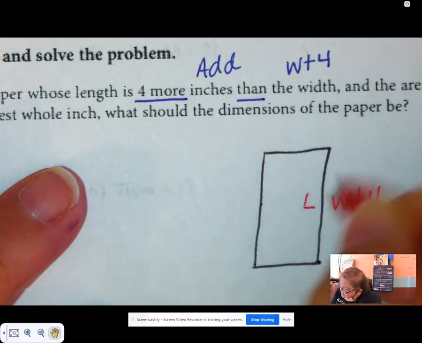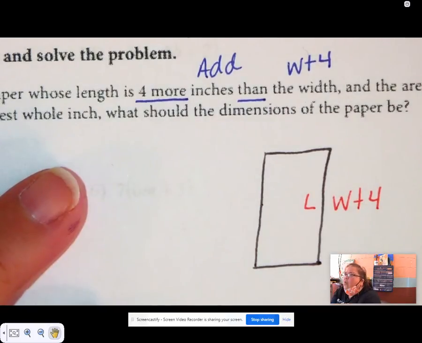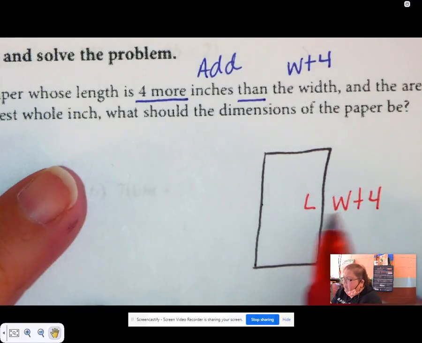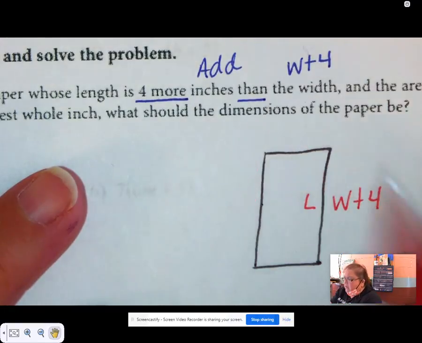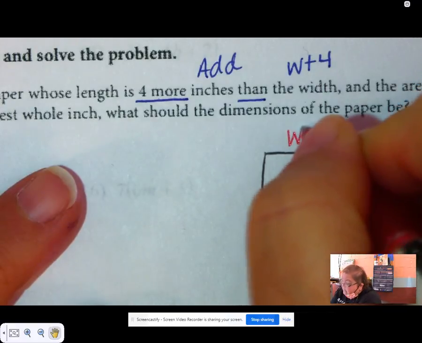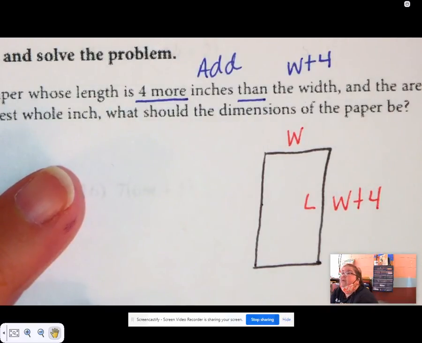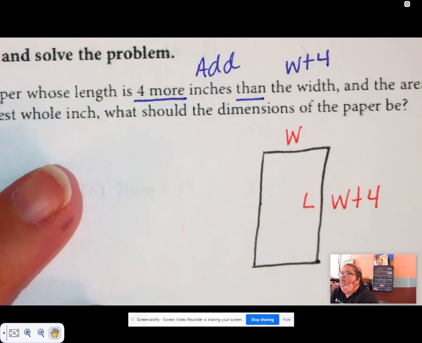So that's my length. What's my width? If the length is W plus 4, what's the width? Just the W. Because the length is 4 more than that. So the width is just W.